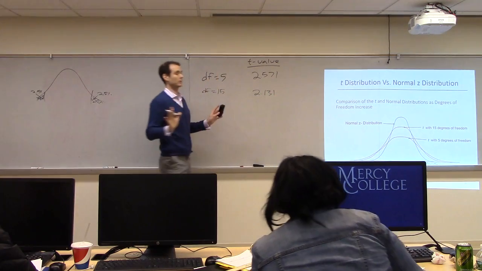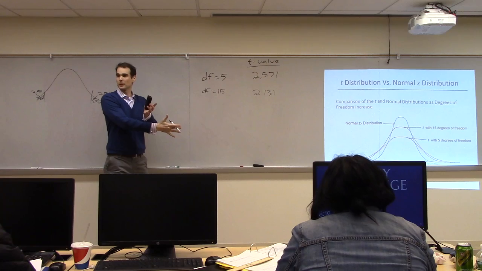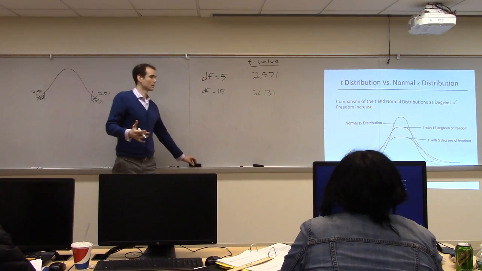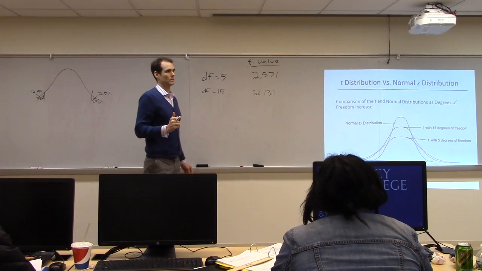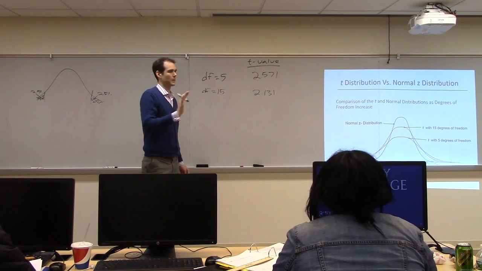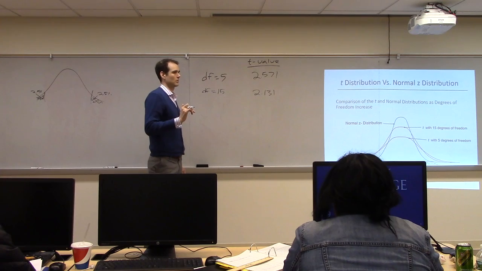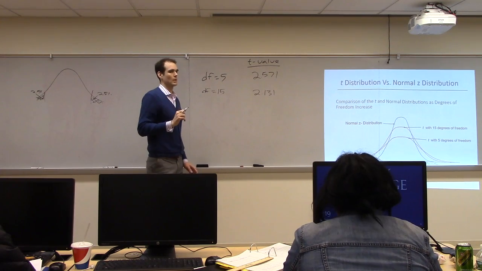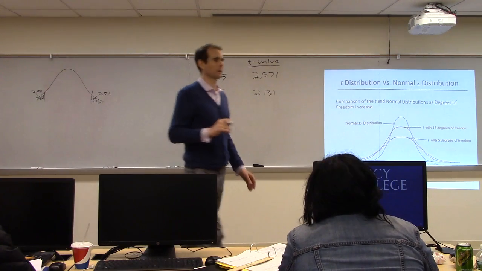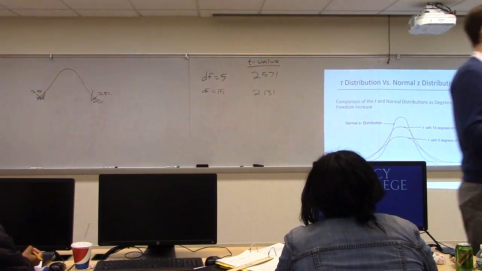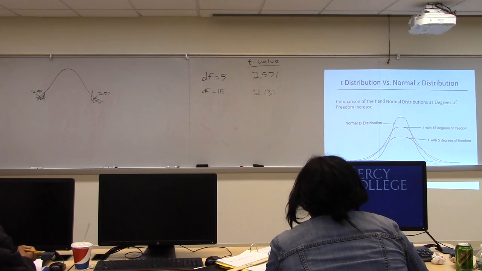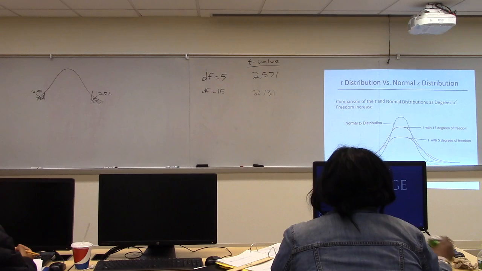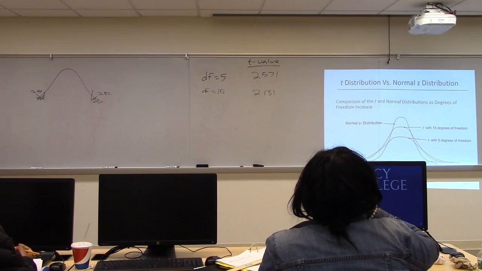2.131. Did everyone see that on the table they're looking at? So we never go over, we try to stay under. I'm not sure. Okay, so it's either 2.131. No, I think you must be looking at the wrong thing. Do you have the book? Oh, the right tail is 2.5.